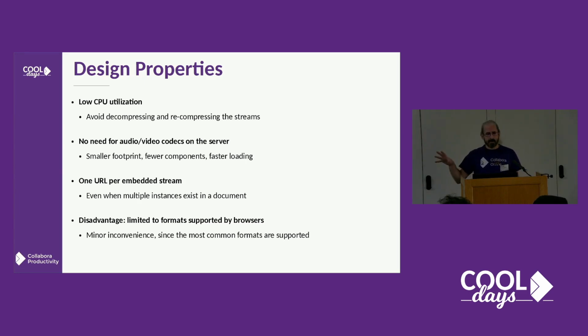The design has a number of properties, and maybe one disadvantage that's worth mentioning. It's a fairly low CPU utilization on the server. We're just streaming the bits that were embedded in the document. There is no overhead of processing or recompressing the data or decompressing. We don't know what's really in the stream. All we know is that it's a media file that is embedded that we need to service.